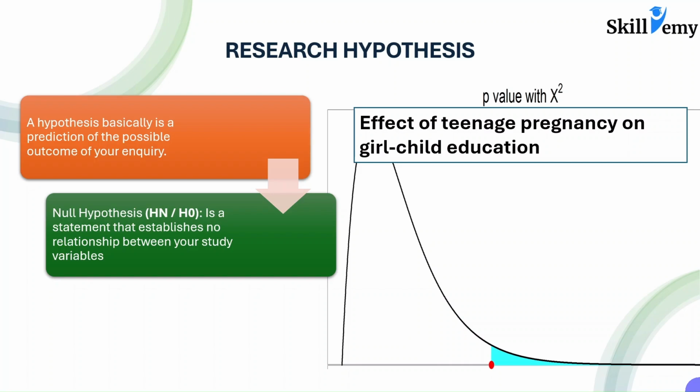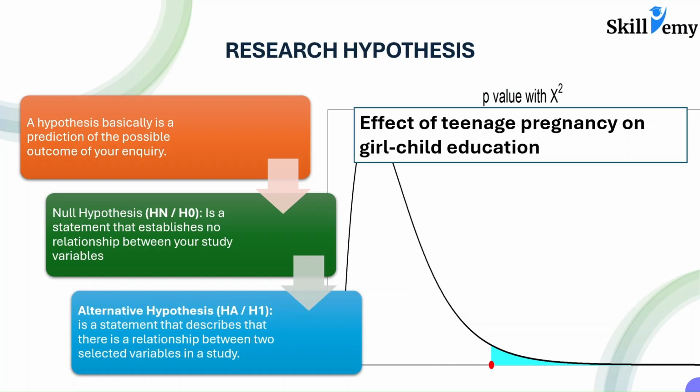Then we move on to the alternative hypothesis, or H1 or HA. The alternative hypothesis is basically the opposite of a null hypothesis. Whilst the null hypothesis establishes no relationship between study variables, an alternative hypothesis establishes a relationship between the study variables. It is a statement that describes that there is a relationship between two or more selected variables in a study.